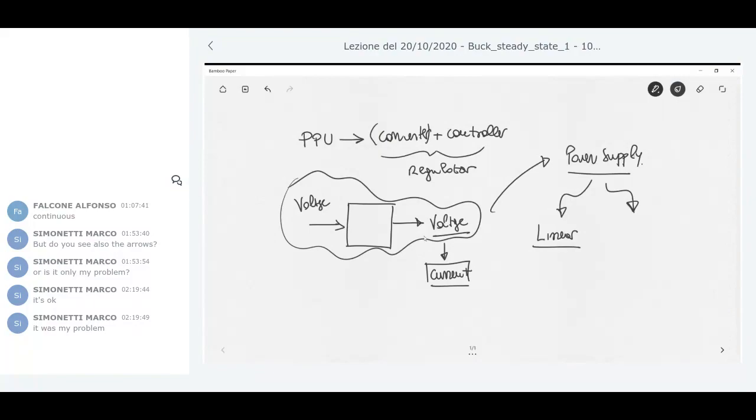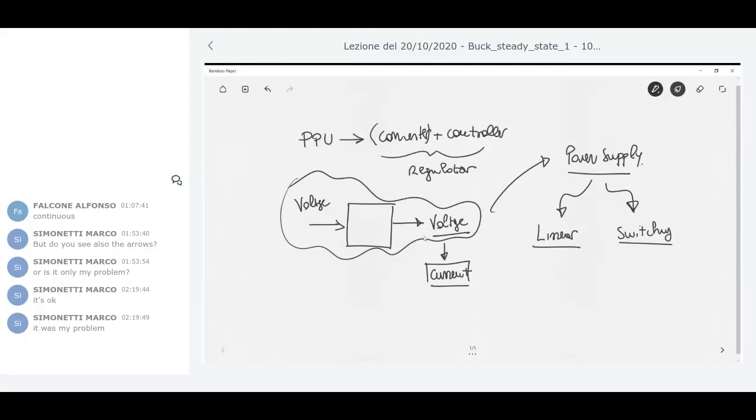So it means that a linear power supply dissipates power, so its efficiency is less than 50%. As a positive side, linear regulators are less noisy than switching regulators. The other part is the switch mode or switching regulators.